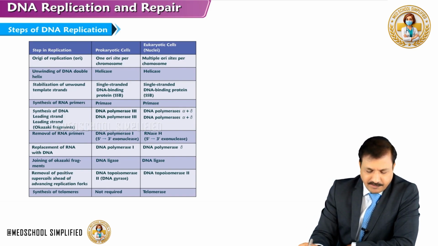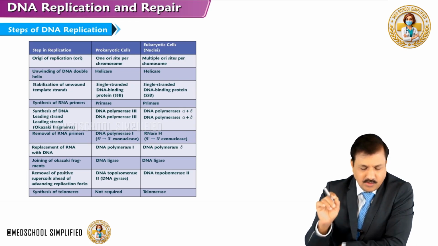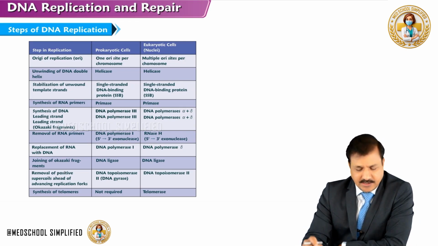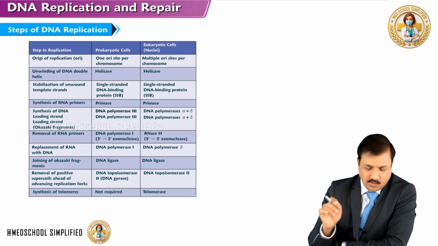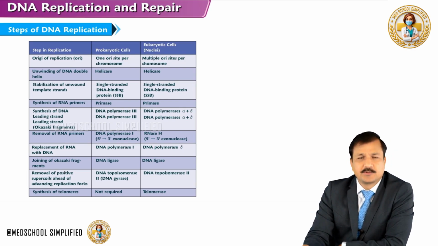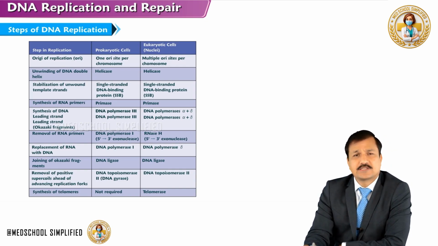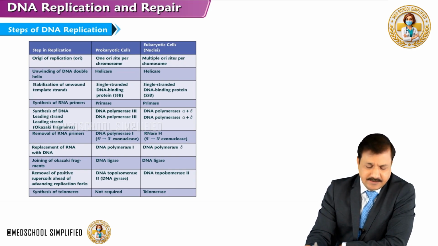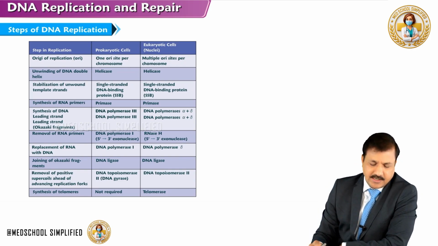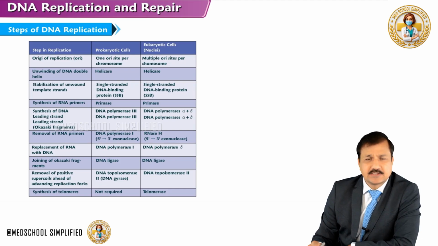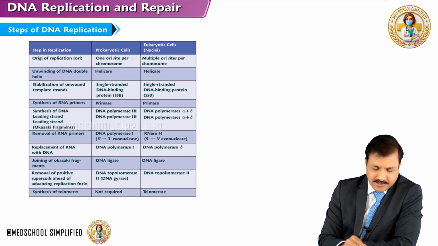Now, the site of replication, that is the origin of replication, referred to as ori. One ori site per chromosome is seen in prokaryotes, whereas in eukaryotic cells, multiple ori sites per chromosome are seen.